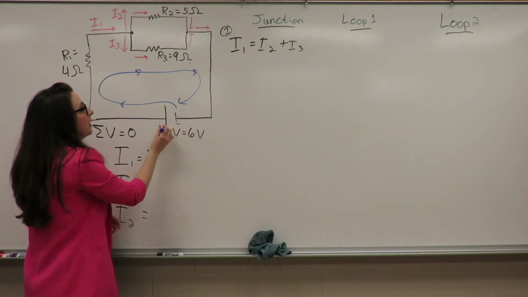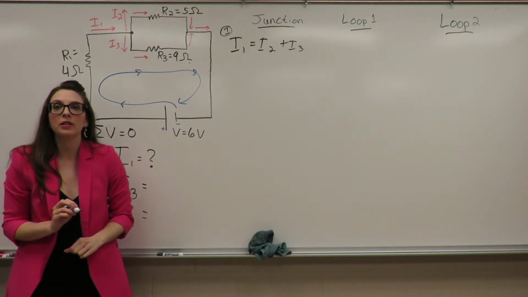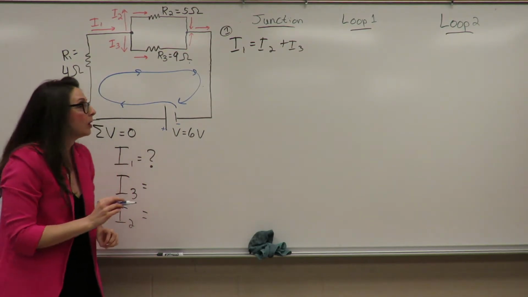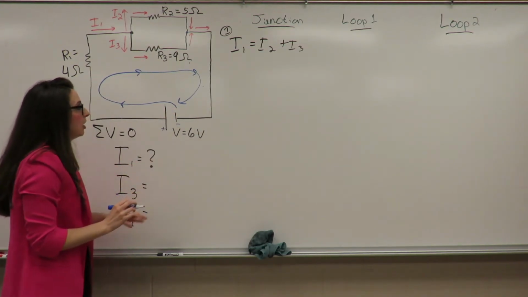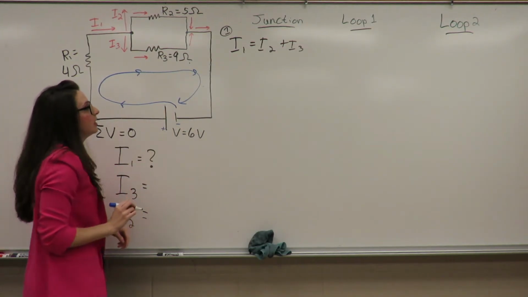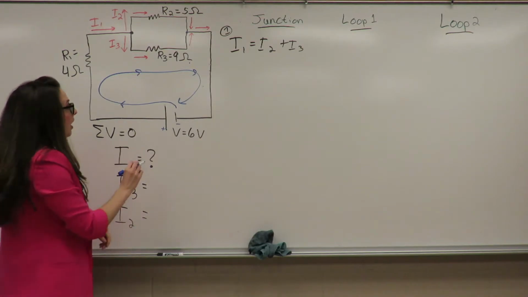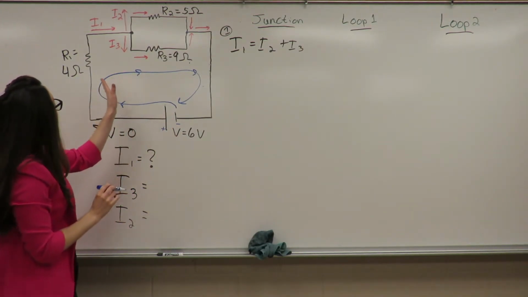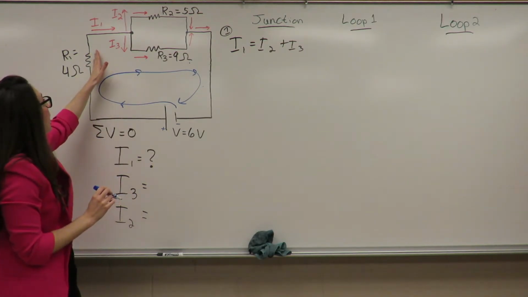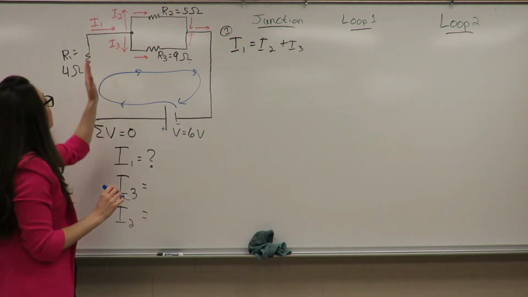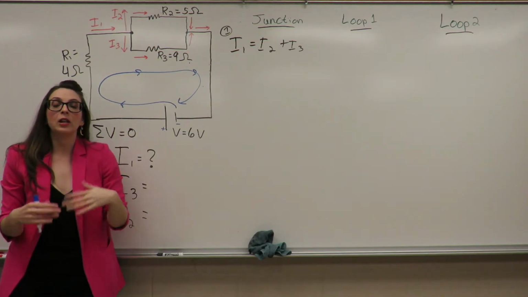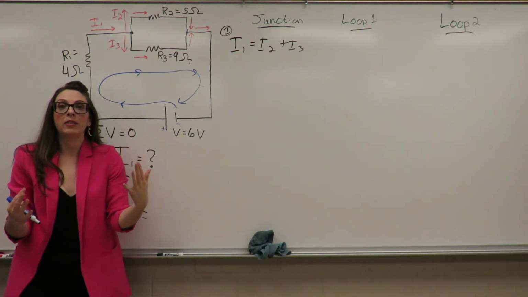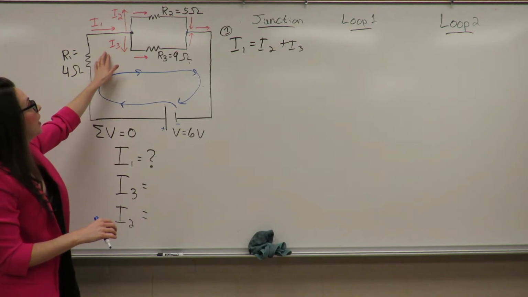And as I move from the negative to the positive terminal of my voltage source, we are gaining potential. So we would call that a positive potential gain with positive value here. And as I go around my loop and through resistor 1, we are decreasing our potential, and so we would write that as a negative potential in an equation.